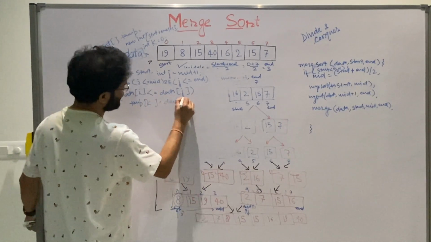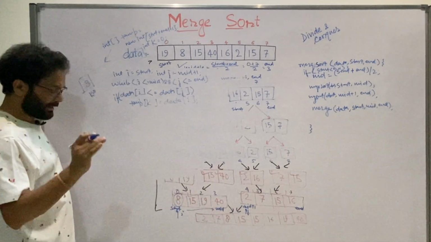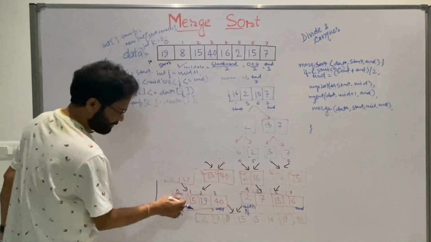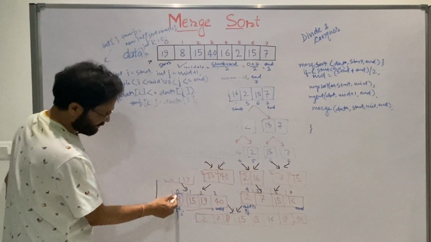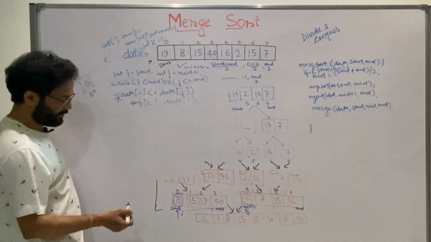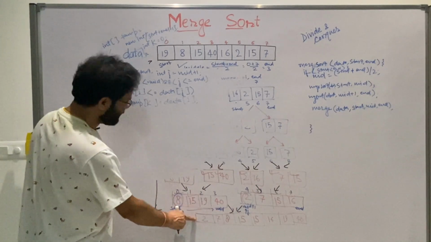We will copy this data into the temp. Again I am explaining, I am going to merge this array and this array, but both arrays are already sorted, so I take the first element and compare it with the first element of the second array. If this is smaller, I will keep it here.